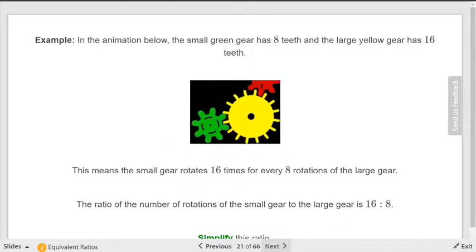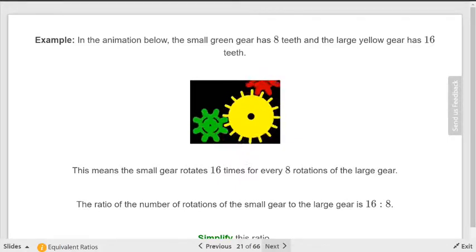Here we go. So in the animation below, the smaller gear has 8 teeth and the larger gear has 16 teeth. This means that the small gear rotates 16 times for every 8 rotations of the larger one. So the smaller one is going to go faster because it's smaller, right?